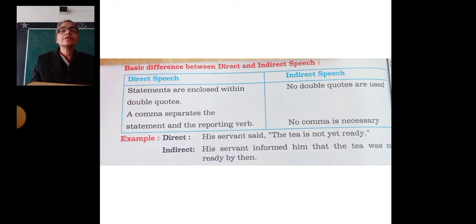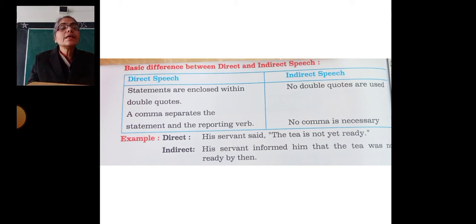Another point to be discussed. A comma separates the statement and the reporting verb. But in the case of indirect speech, no such comma is needed. Let's see in the example.